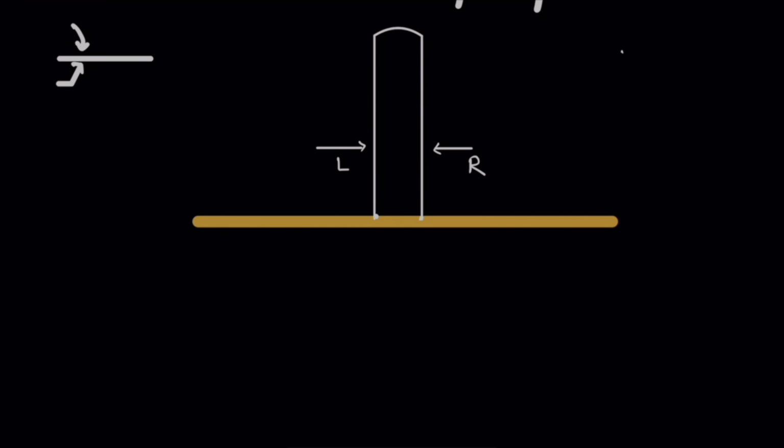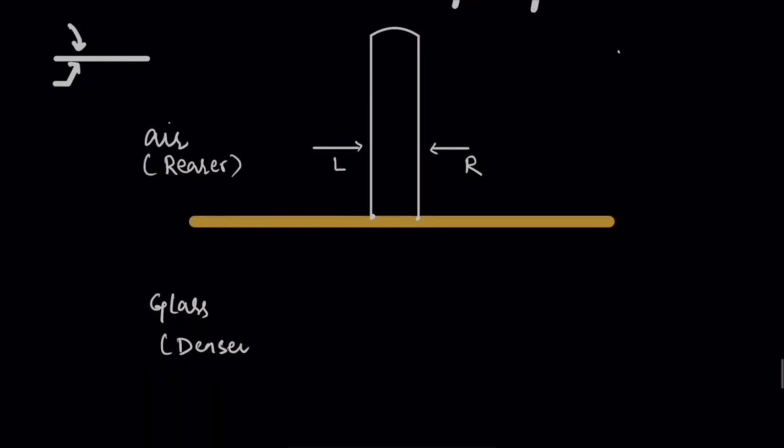So what happened if we are using a medium air and down we are using a medium glass? We know that air is a rarer medium and glass is a denser medium. So both the left and right will change the speed of light together.